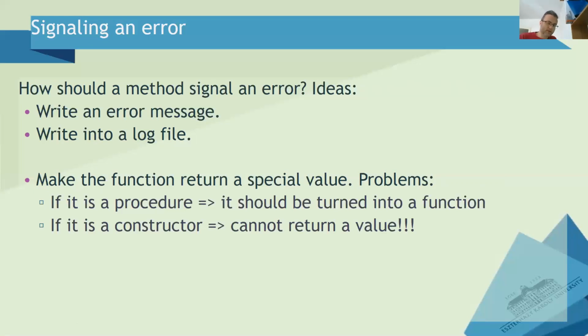Since your code consists of several methods, it's a good idea to make your methods return an error code. So if inside your method some error happens, your method should return an error code. And based on this error code, we could find out what kind of error happened.